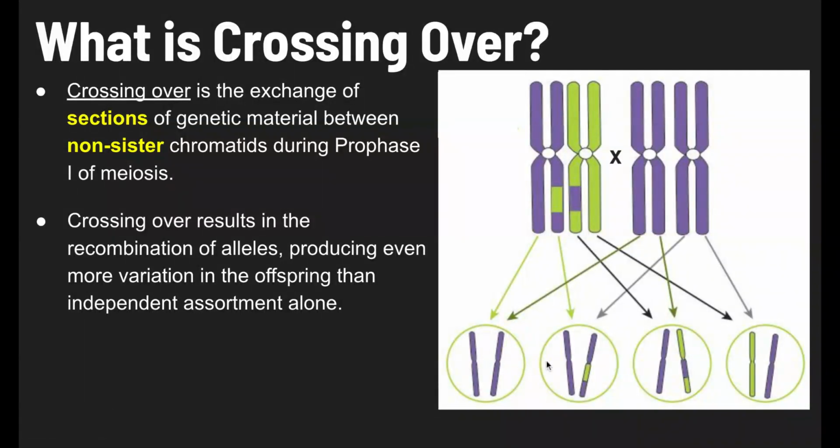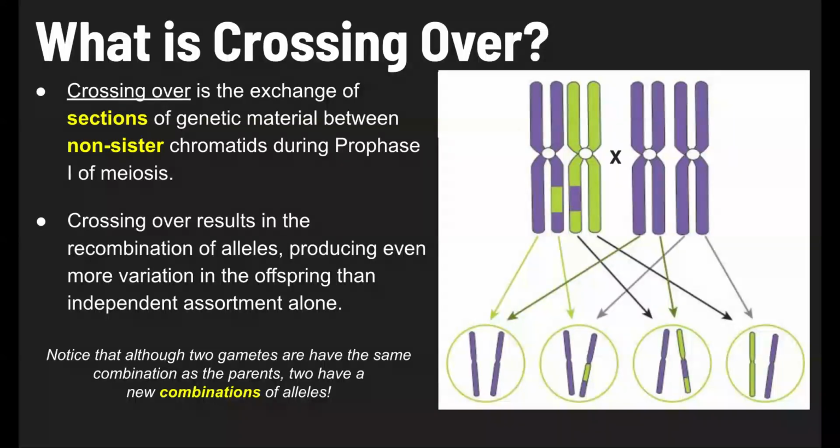So you can see down here at the bottom, these would be 4 gametes produced through the process of meiosis, but because of crossing over, each one of these gametes looks different than the other, and this is where variation in the offspring comes from.